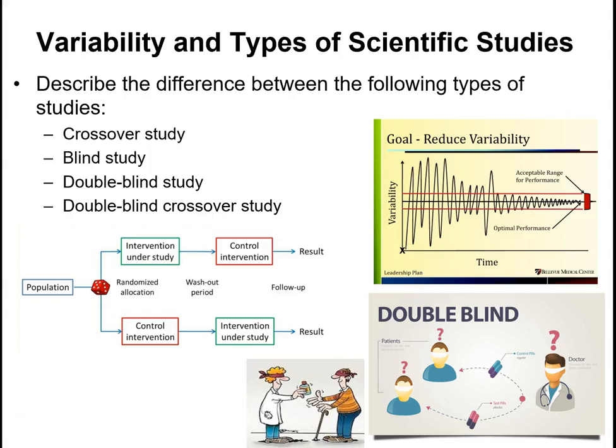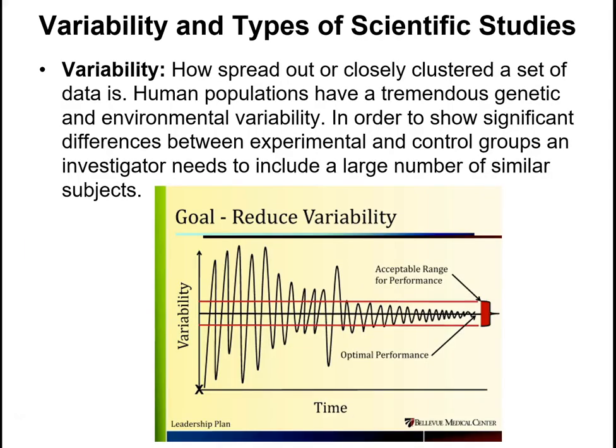So we have crossover studies, blind studies, double-blind studies, and then double-blind crossover studies. So variability has to do with how spread out or closely clustered a set of data is. So basically, how similar is all of the data, or are we getting wildly different results from different sources?